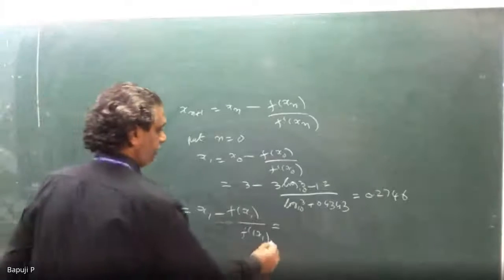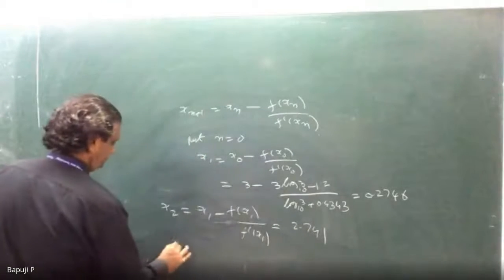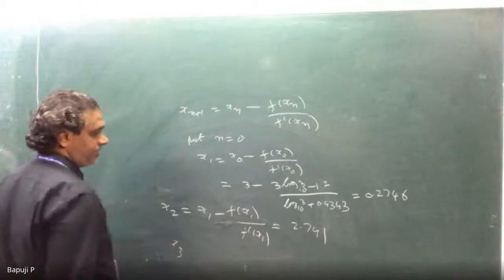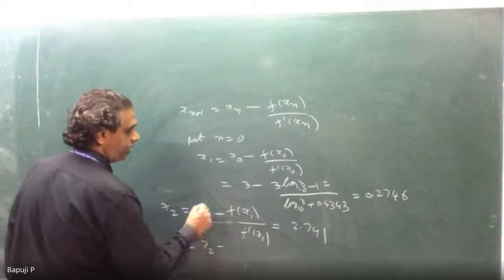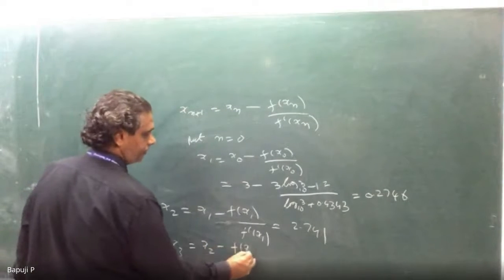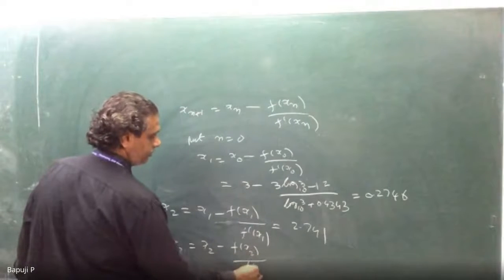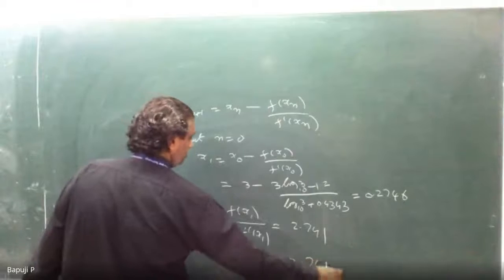This time writing directly. You have to substitute this time, skipping here. You should not write in an exam like this, X1. What is the X1 value? You have to substitute. A small root is 2.741.